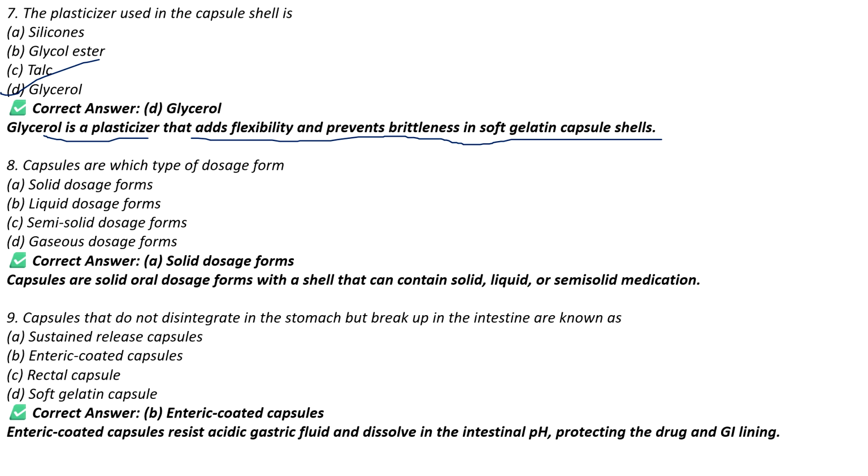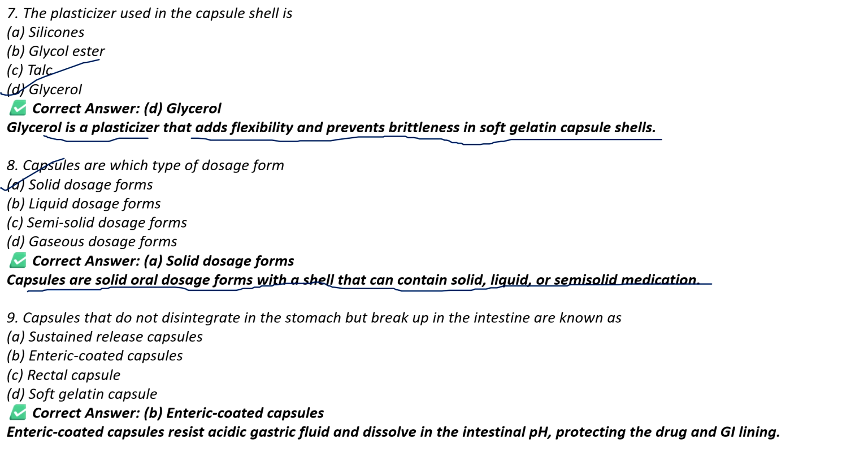Moving on to the next question, capsules are which type of dosage forms? Options are solid dosage forms, liquid dosage forms, semi-solid dosage forms, or gaseous dosage forms. Capsules are solid oral dosage forms with a shell that contains solid, liquid, and semi-solid medications. So option A, solid dosage forms, is the correct answer.